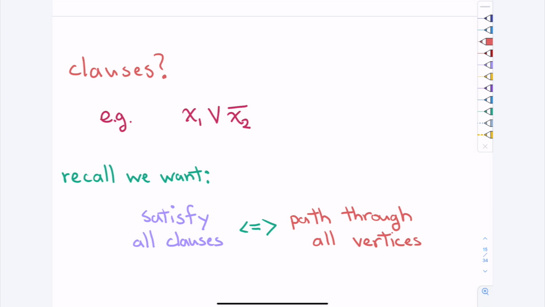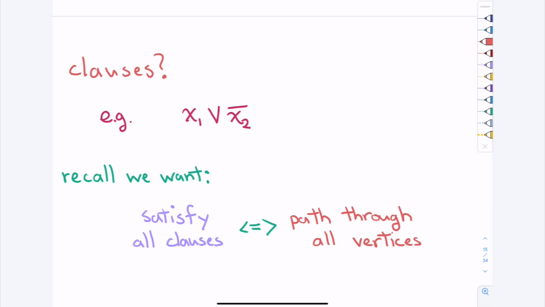So take, for example, a clause like x1 or not x2. And, at a high level, we are trying to set up a graph where you can satisfy all the clauses if and only if there's a Hamiltonian path. So take this clause specifically as an example because it's simple.